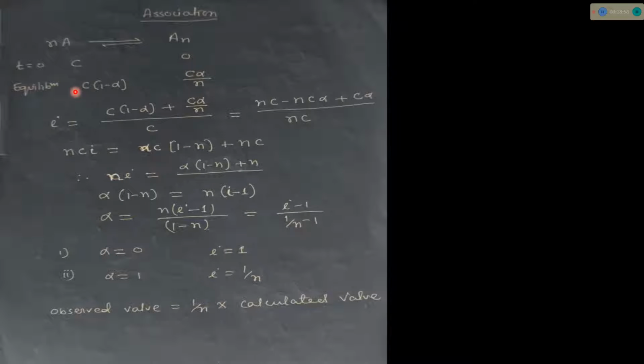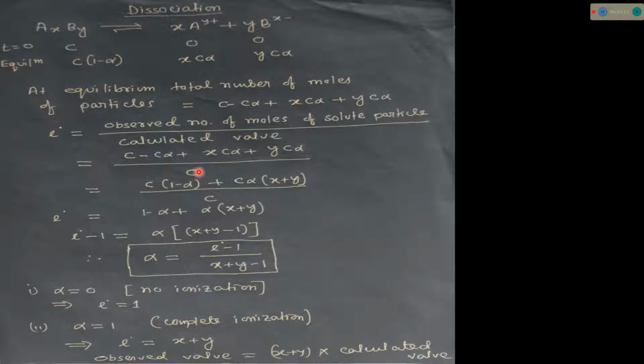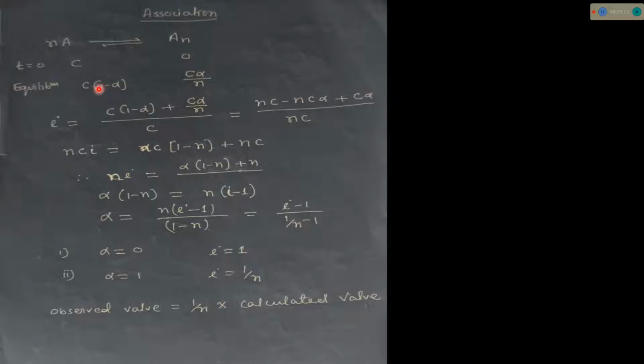So at equilibrium, the mole numbers of A and A_n are this. Now i is the observed mole number divided by the calculated mole number. The calculated mole number is C, same as previous, and the observed mole number is C into (1 minus alpha) plus C alpha by n.